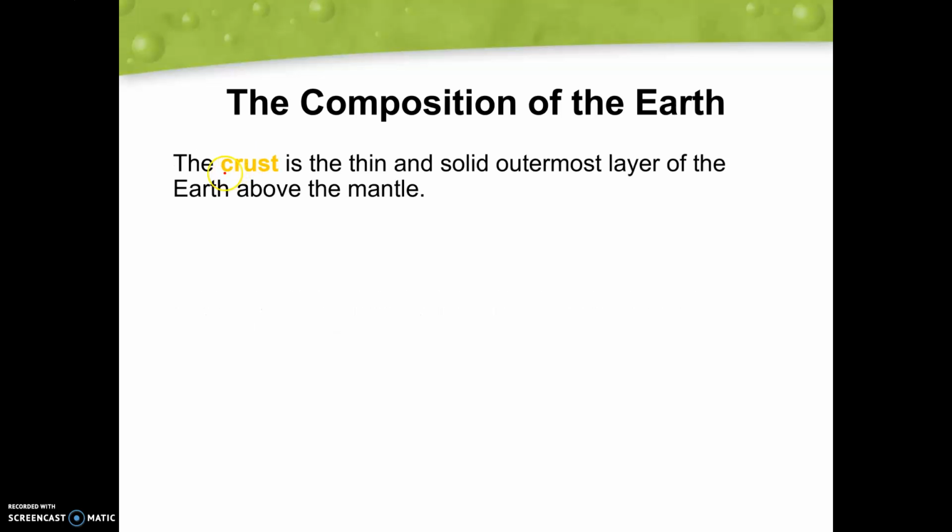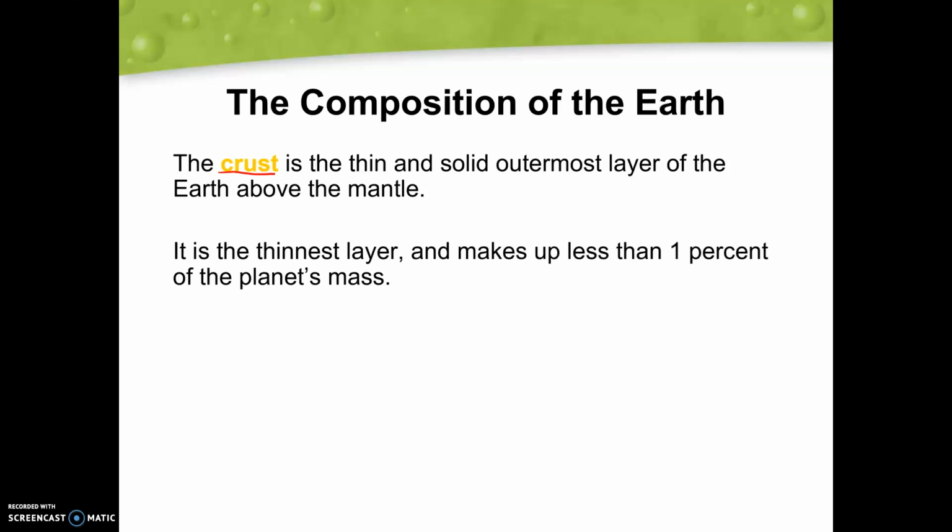Our crust is a thin and solid outermost layer of the Earth that is above our mantle. Our crust tends to be very rocky. Our thinnest layer also makes up less than 1% of the entire planet's mass. So everything that we see on our crust is less than 1% of our Earth's mass.